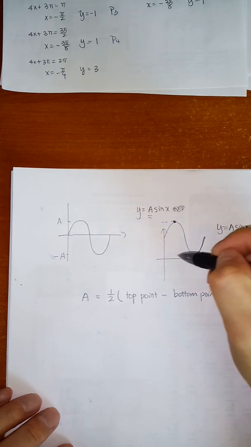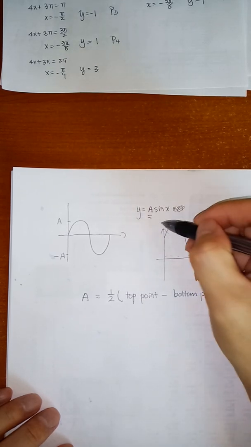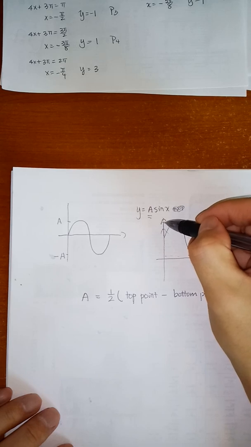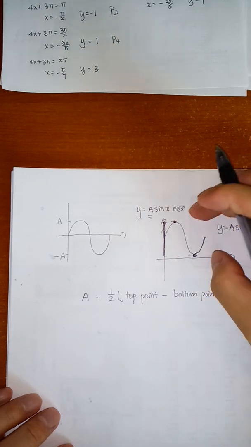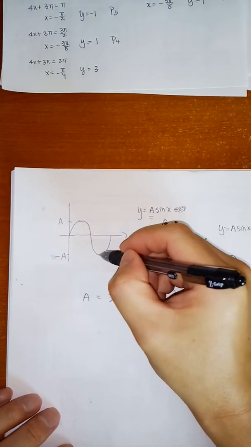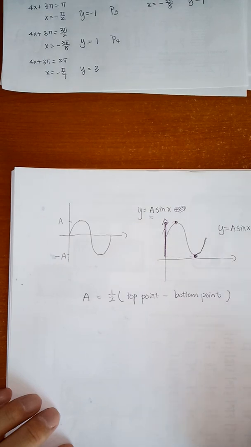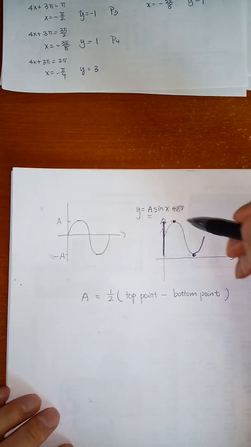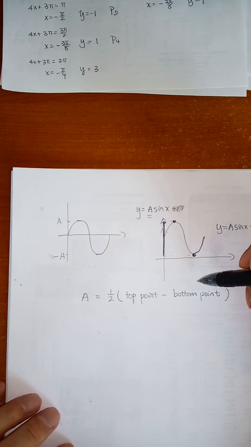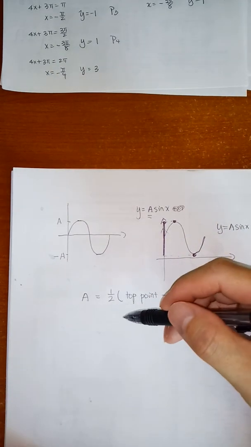Here you have the bottom point, you check the y coordinate. This difference is twice of A. See here, this is A, here's negative A, then the difference is 2A. So you use the y coordinate of the top point to subtract the y coordinate of the bottom point, you will get 2A, and divide by 2, you will get A.